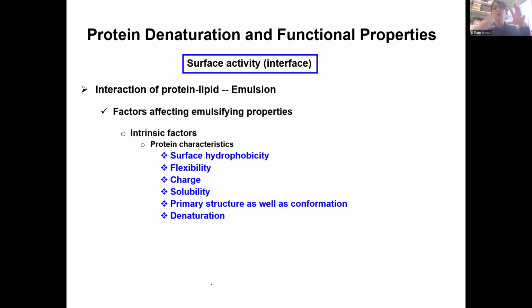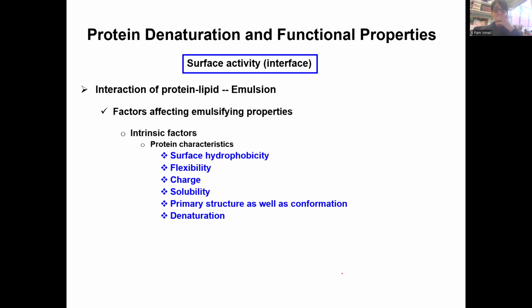So flocculation, coalescence, phase separation. Protein needs to be soluble. If it's not soluble, again, it would just probably aggregate and fall out and not be able to interact with the water phase or enhance the viscosity in the continuous phase if the water is the continuous phase.